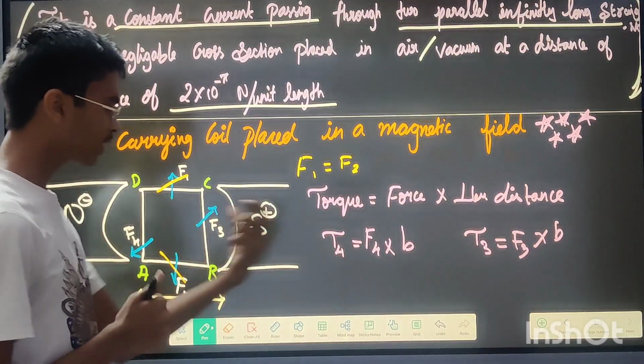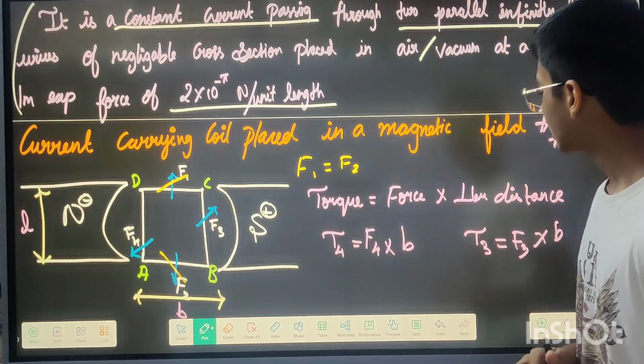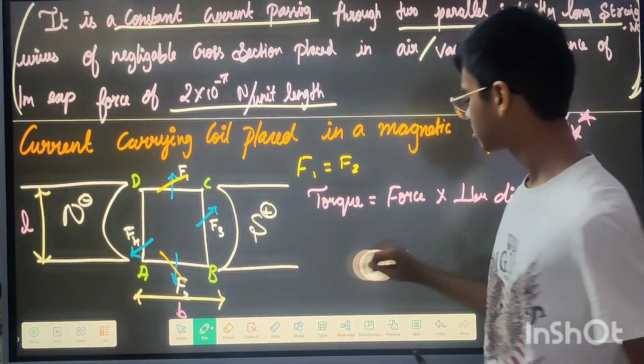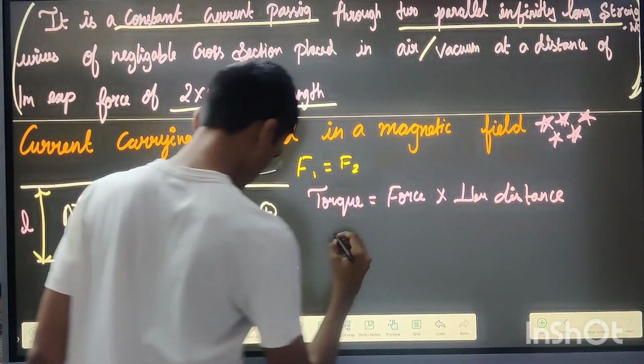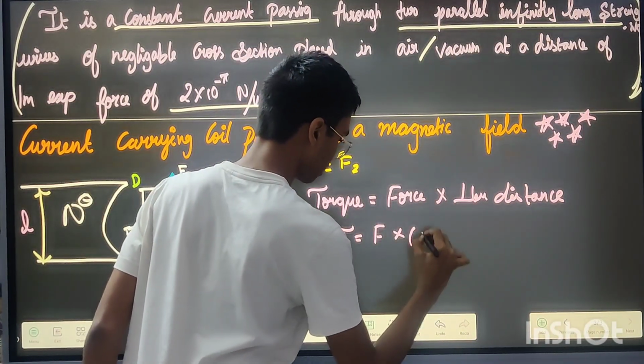You can see that this force is different, but other than that everything is the same. So I'm just going to consider it as torque, which is equal to force into distance, which is going to be B.